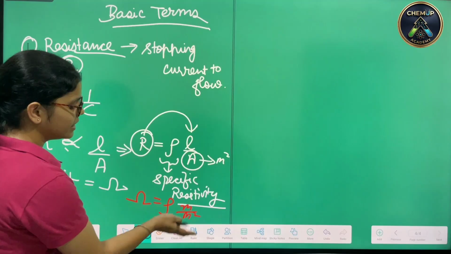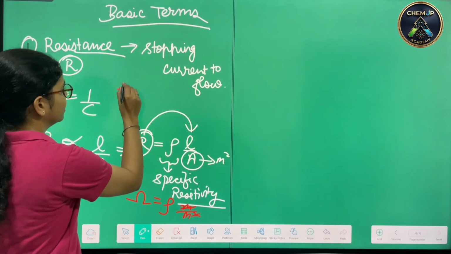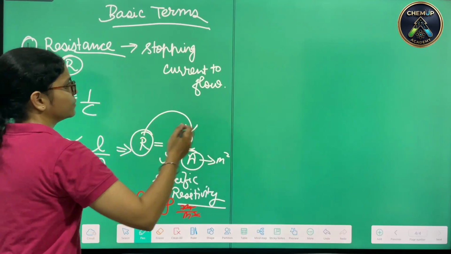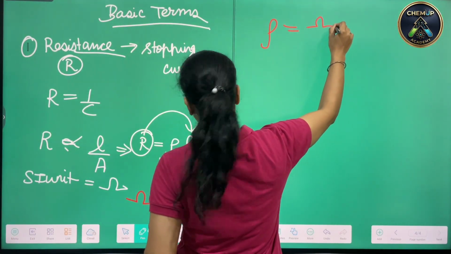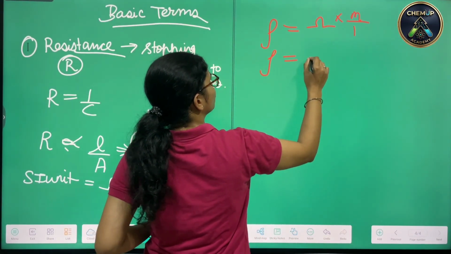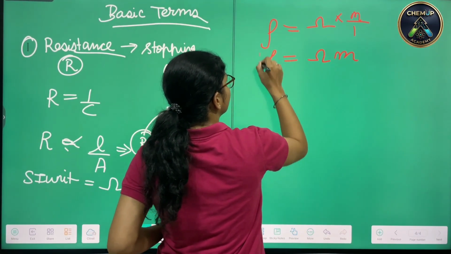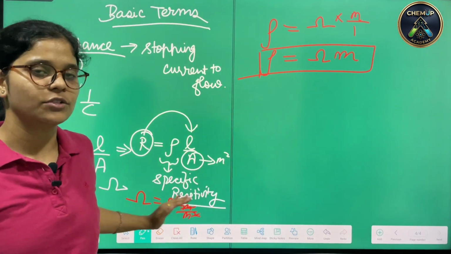These two will go up, 1 meter got cancelled, and rho will be over here. Rho as it is equals ohm into meter upon 1. So resistivity is known as ohm meter. This is your resistivity.